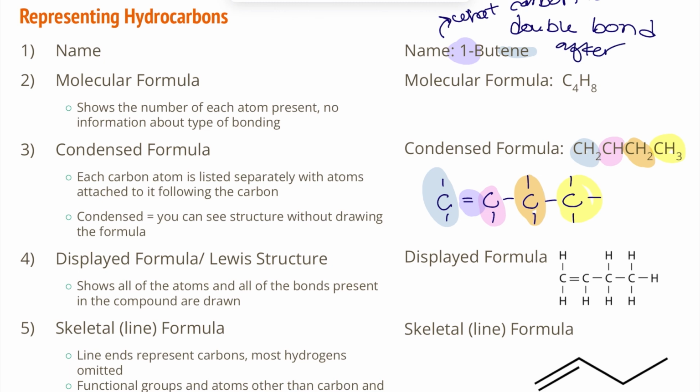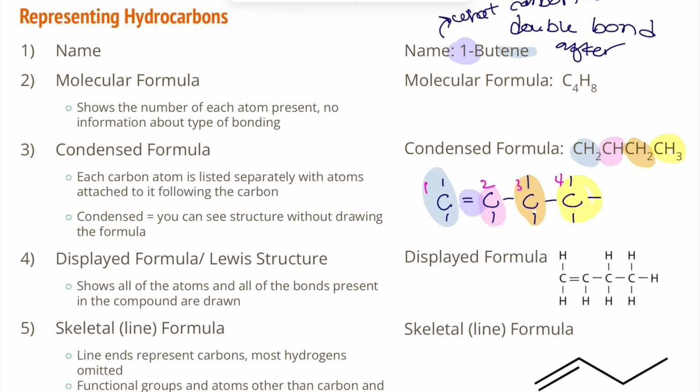That's what the number helps us say. We can count and say this is carbon number 1, 2, 3, 4. And we are always going to count so that it is coming out of the smallest number of carbon.